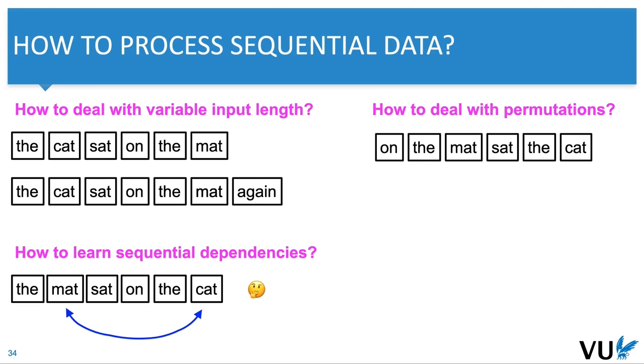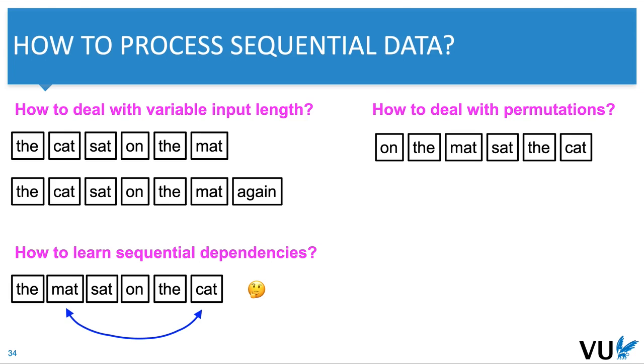If we want to, for instance, classify these sentences, or answer a question, or do whatever with them, we should be able to process them, and we should expect very similar processed information, the so-called embedding.